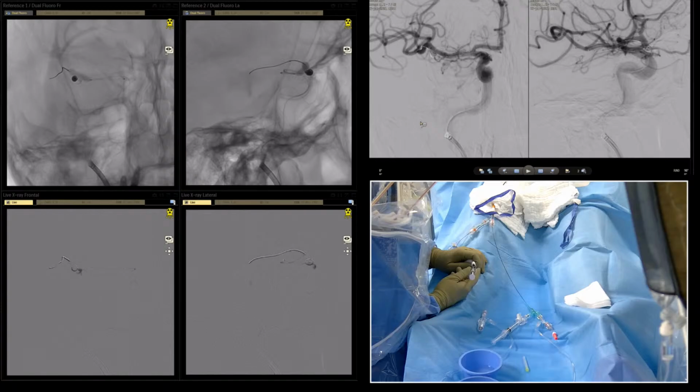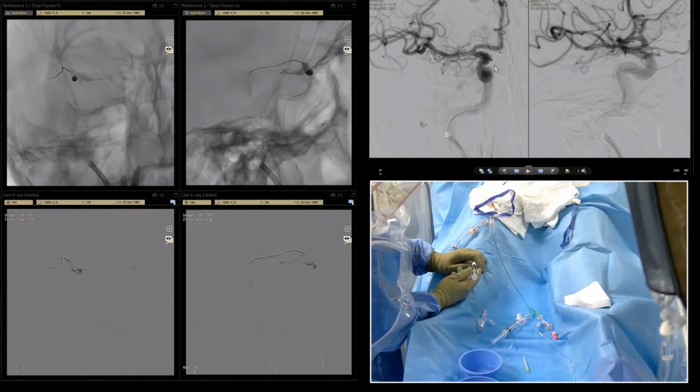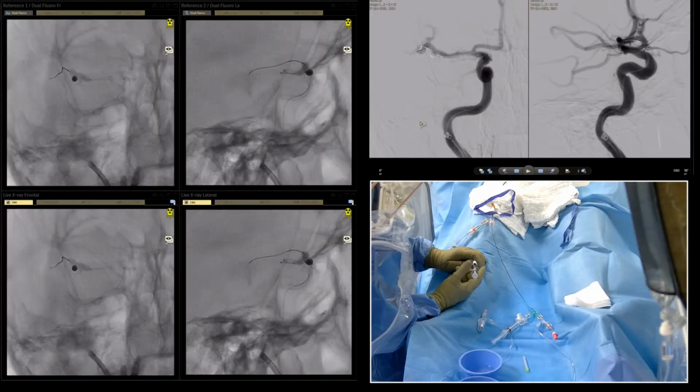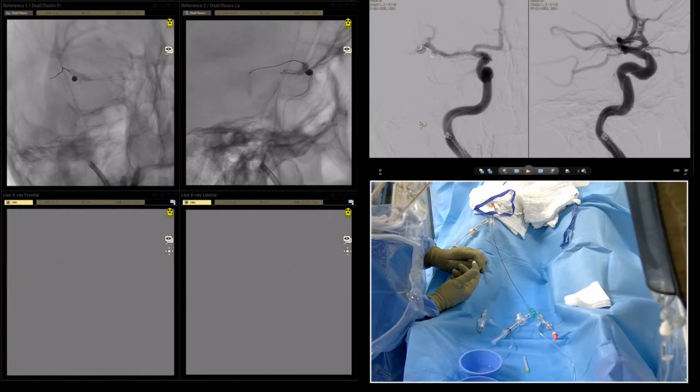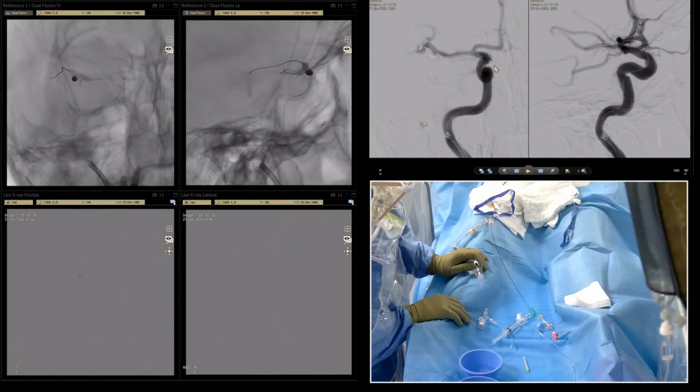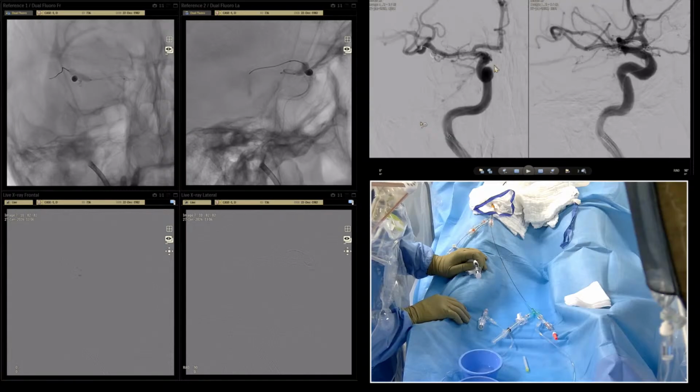And fortunately, it's a temporal branch. I will inject a little bit more to cover the neck territory. Yes, the neck is already covered. And I hope now we stopped.